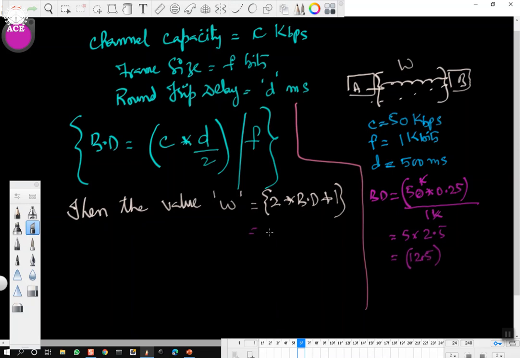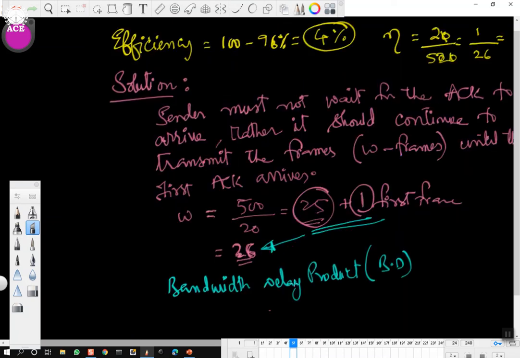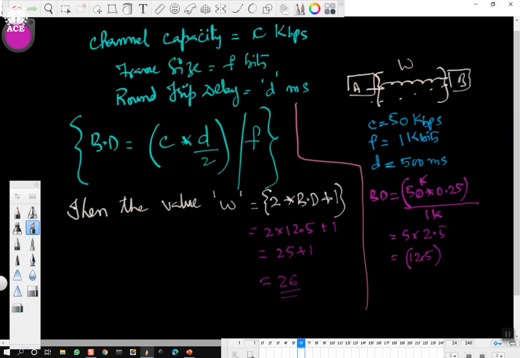If I multiply 2 into 12.5 plus 1, that is 25 plus 1, equal to 26. That is what I showed earlier in a theoretical calculation, and now I'm showing it by means of the formula. So this is the maximum number of frames that can fit in the channel before I get the acknowledgement.